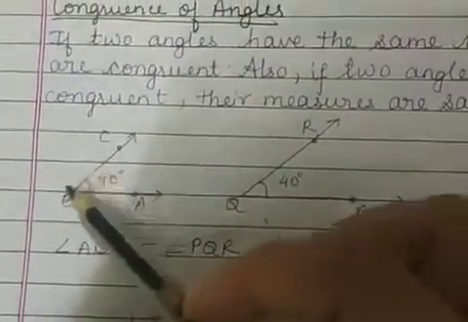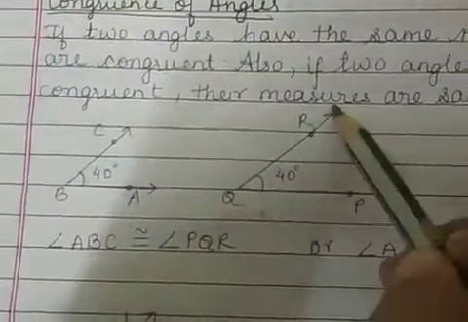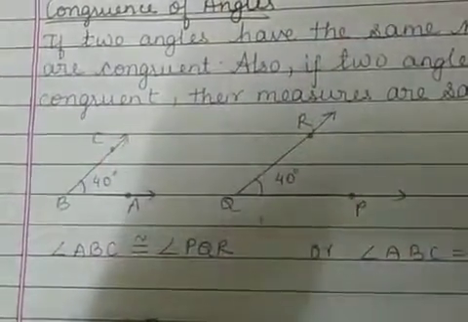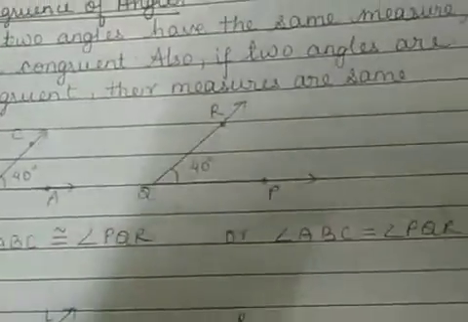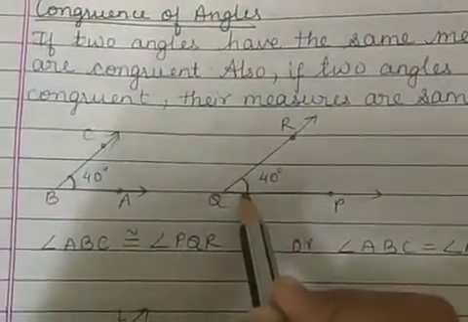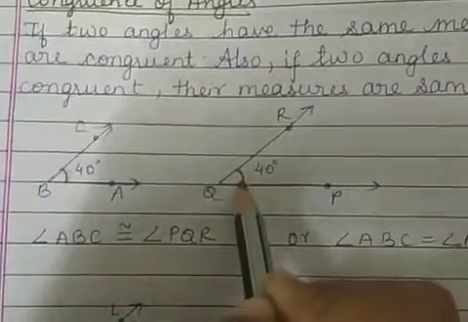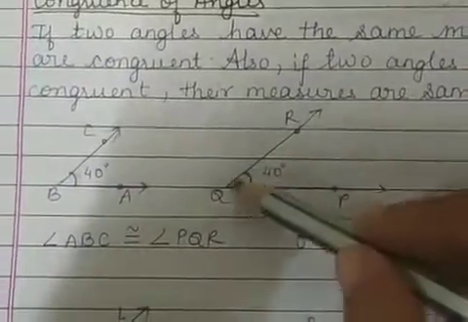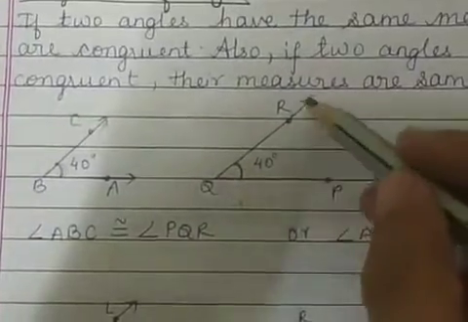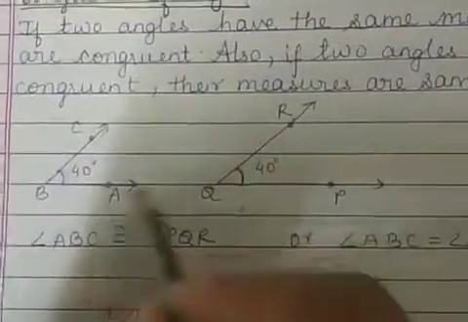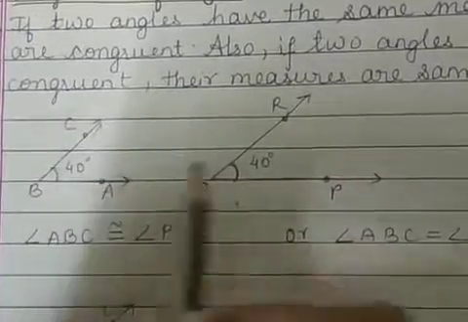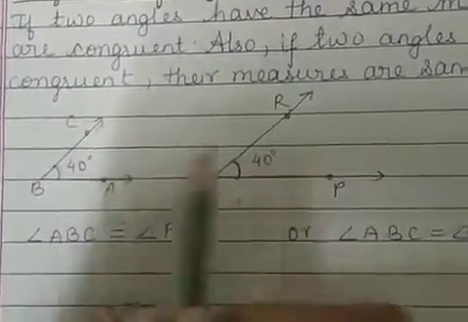The length of the line segment does not matter, because the arrow means it extends on both the sides, correct? So here when we are talking about angles, we have to only look at the measure. So if the measure is equal, then the angles are equal. You don't have to see the length of the arms. So these two angles are congruent, because they have the same measure.